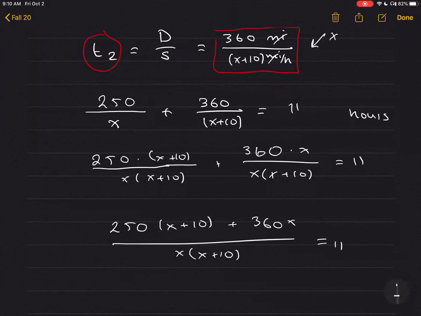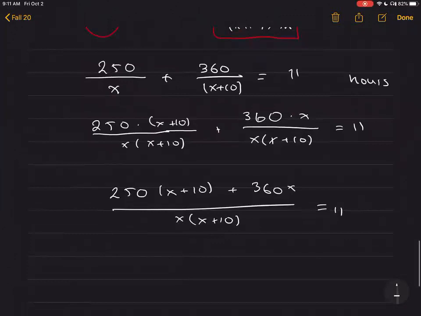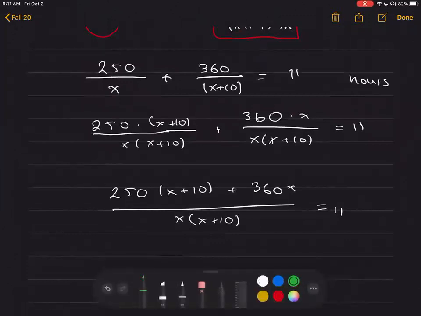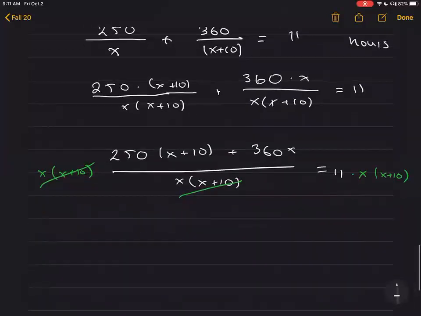Then we multiply both sides by the denominator, X plus 10, so these cancel and we get 250 times X plus 10 plus 360X equals 11 times X plus 10.